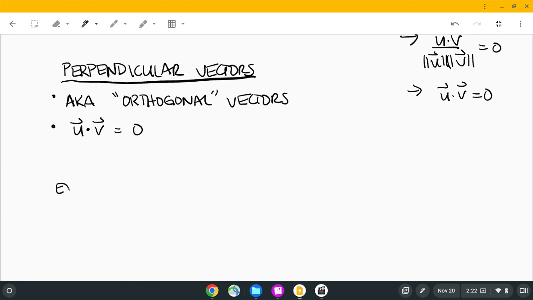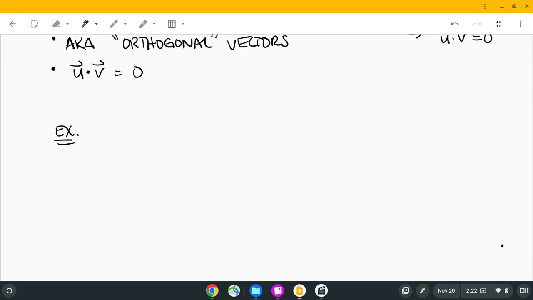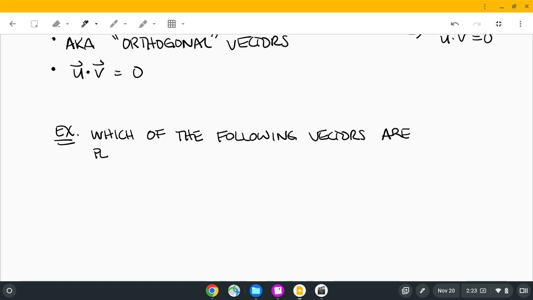So let's take a look at these examples here, and we'll wrap it up. Which of the following vectors are perpendicular to each other?